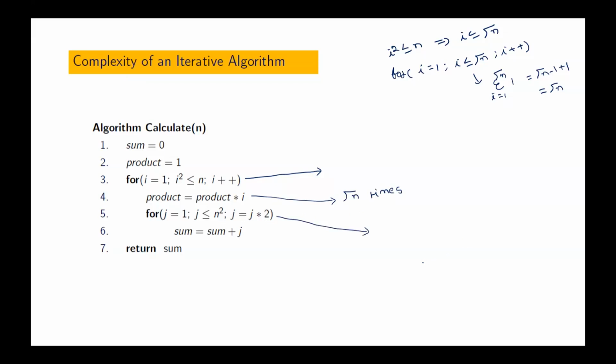We have already calculated this: for j equal to 1, j less than or equal to say p, with j equal to j into 2.